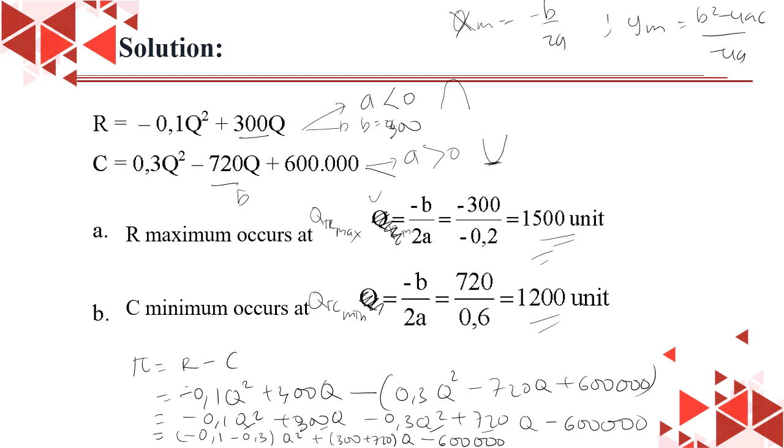So I will write here, the profit function will be minus 0.4 Q squared plus 1,020 Q minus 600,000.